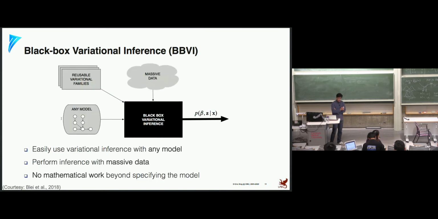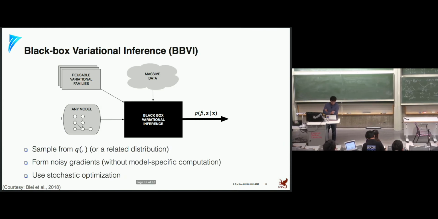So the big idea is to have a black box. Nowadays, black box is just a neural network, let's say. If you give it any forward model, like the generative logic of a stochastic model, and you throw the data in it, then it'll output the variational distribution. It might sound crazy, but let's see how it goes.